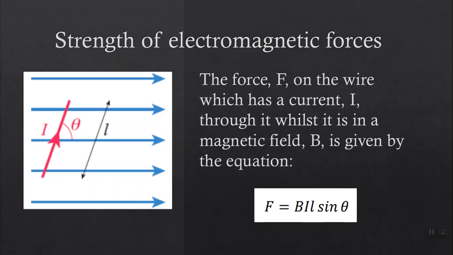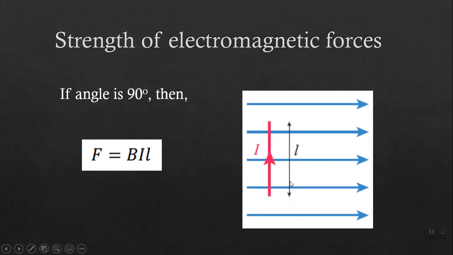Current is I, magnetic field strength is B, then you get the force value. If it is already perpendicular, then that theta value would be 90 degrees, so it simplifies to the equation F equals BIL.